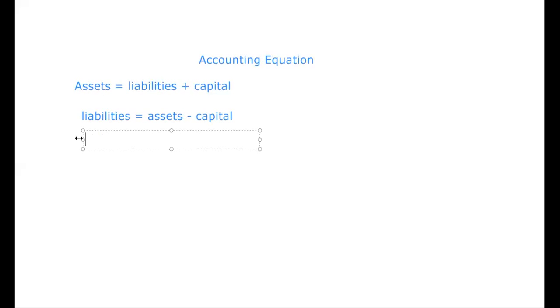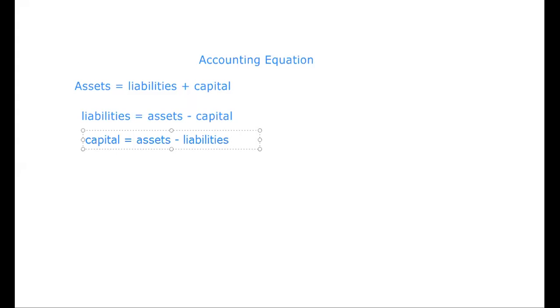Suppose you have to calculate capital, in that case liabilities will be replaced and we will have the formula assets minus liabilities.